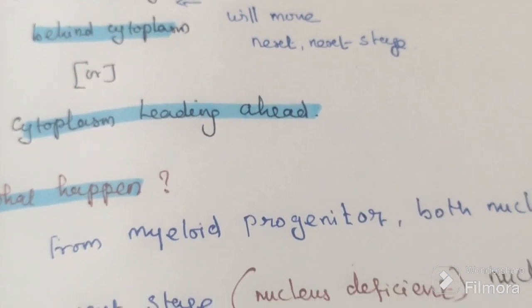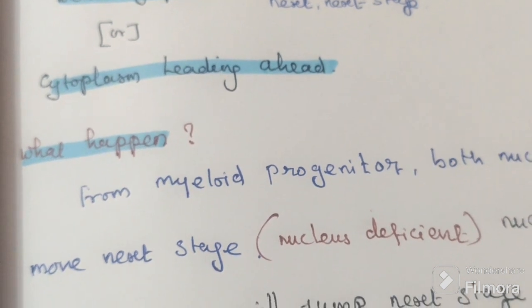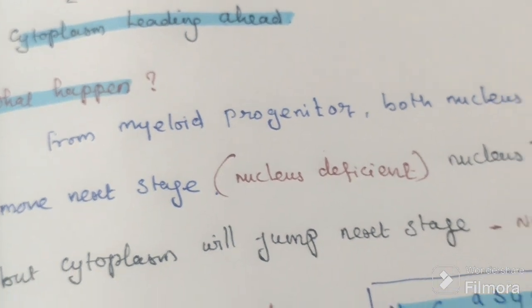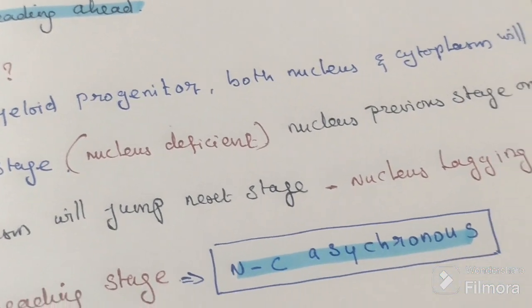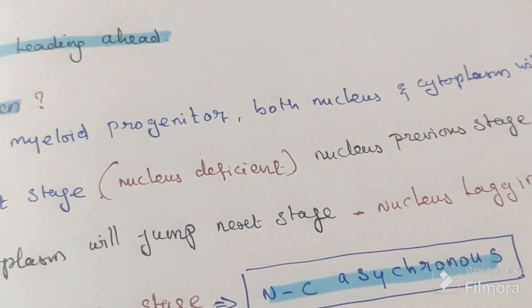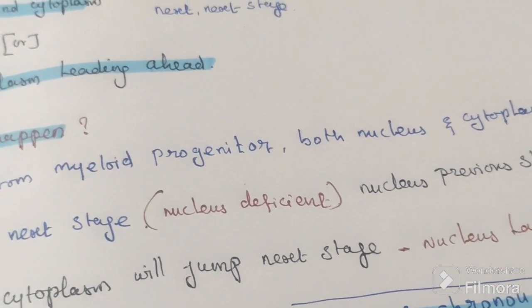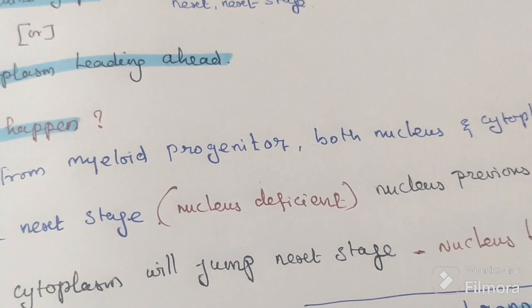So from the myeloid progenitor, the cytoplasm will move to the next stages: early, intermediate, and late.